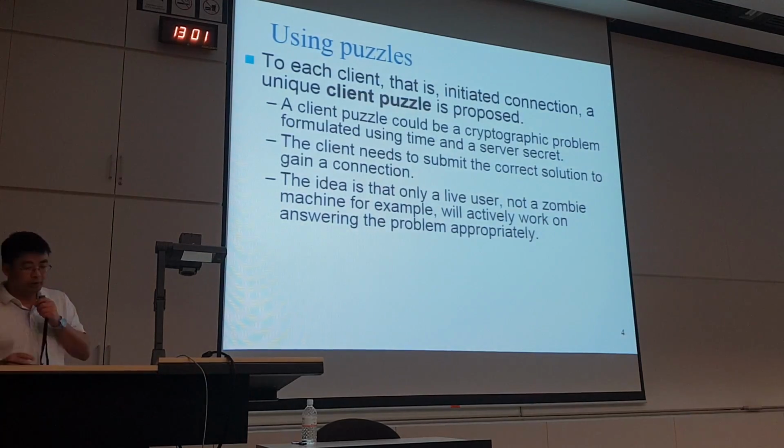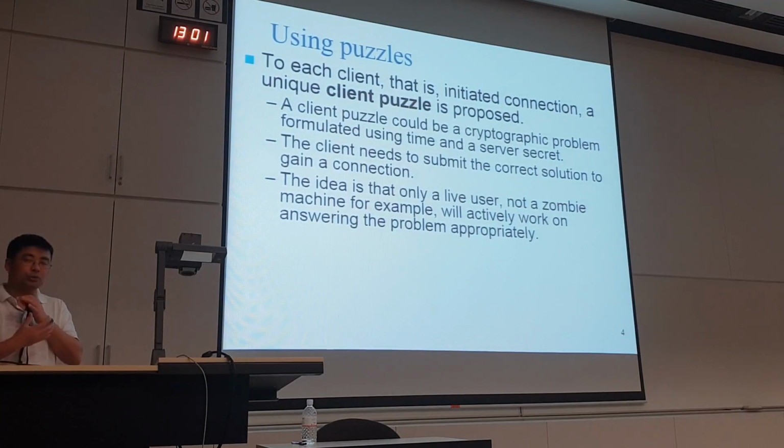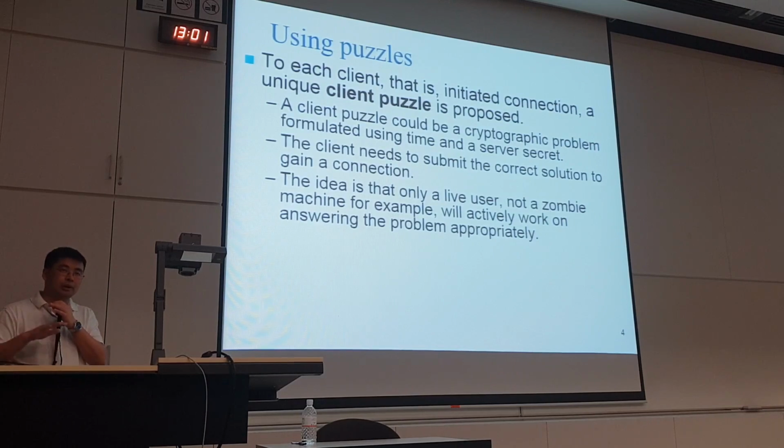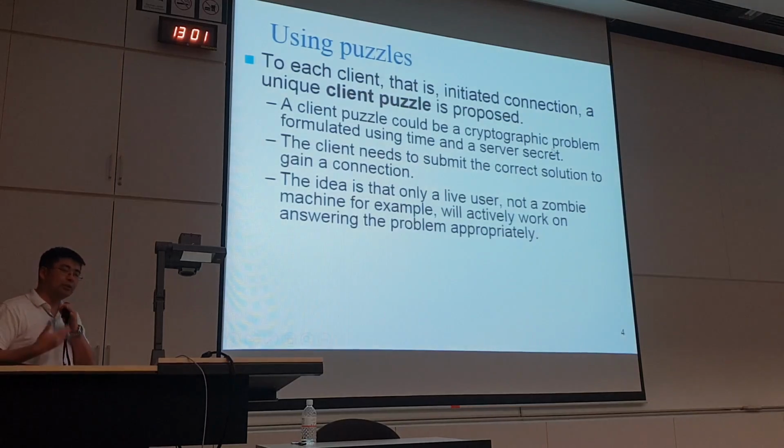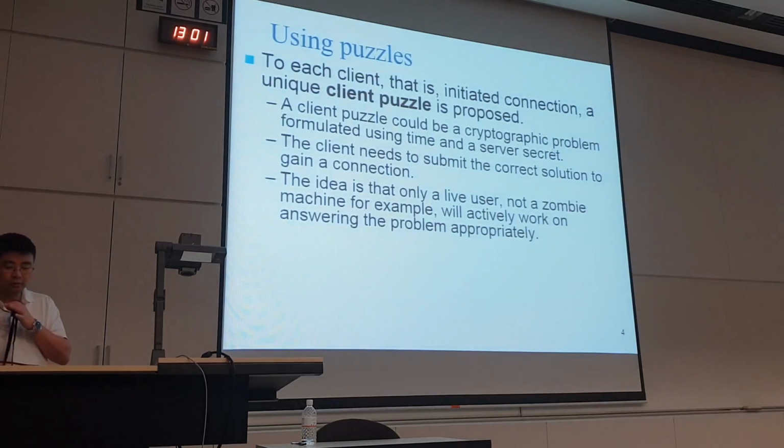As I mentioned, in this case, we need the client to solve some problem, to prove that the client has done some work in order to have the connection established with the server. Right, so the client puzzle usually will be based on some cryptographic problem, that means some problem that cannot be easily solved. Usually in cryptography, we have problems that cannot be easily solved.